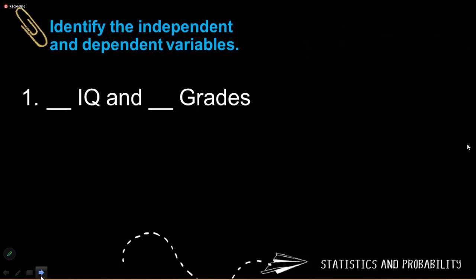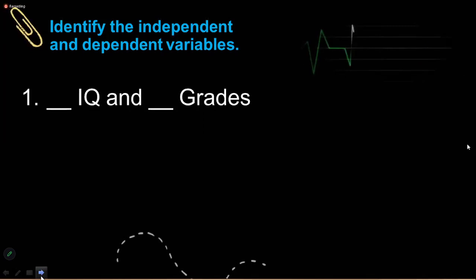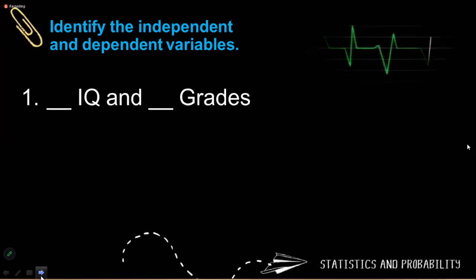The X is the IQ and the Y is the grades. Okay. So this is X and then this is Y. Our grade depends on IQ.